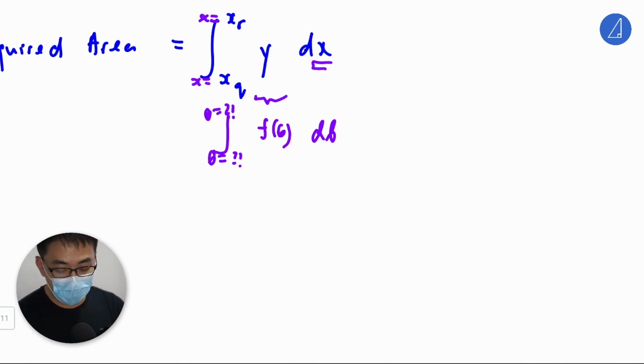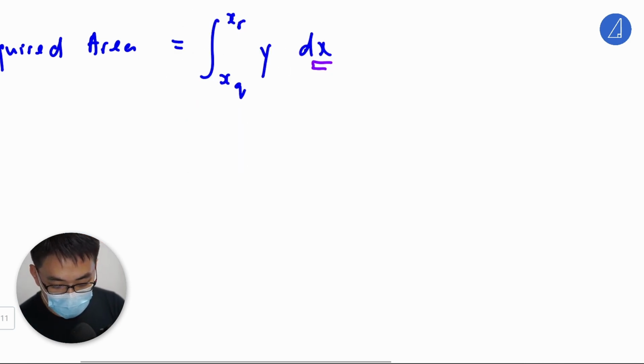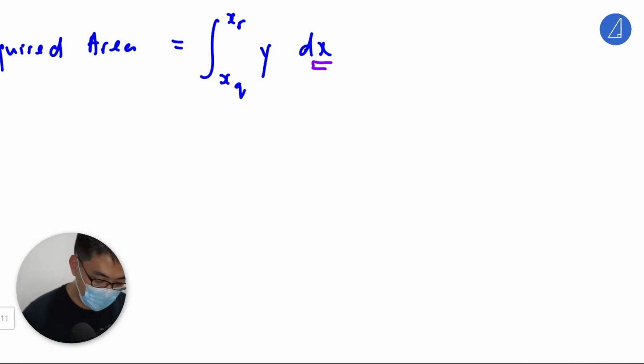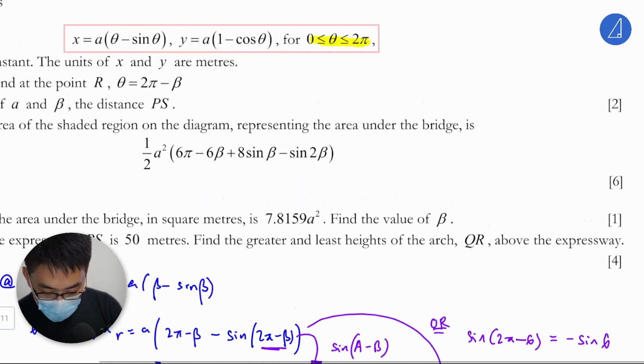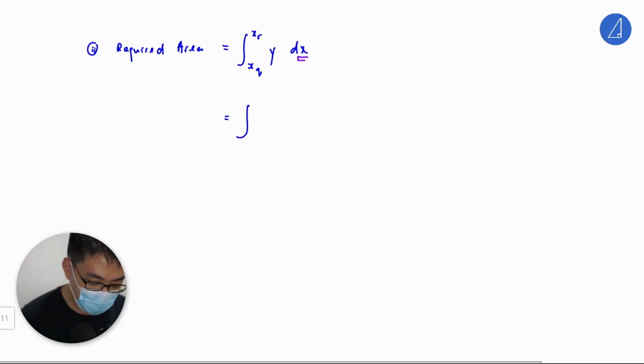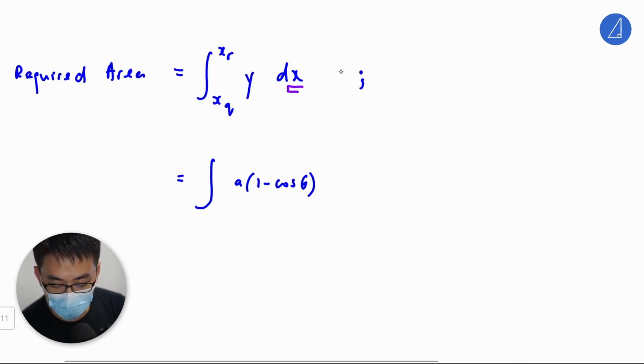So let's do it slowly. This part here is y. Y is a(1 minus cosine theta). Then dx d theta: we need to differentiate x, which is a(theta minus sine theta).